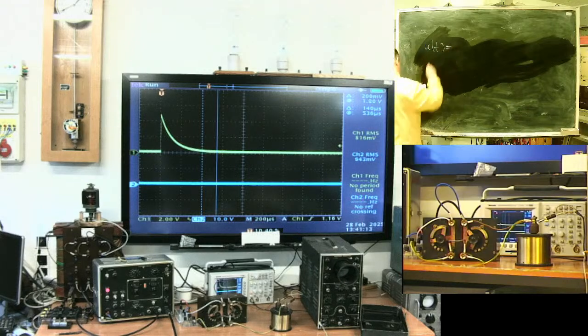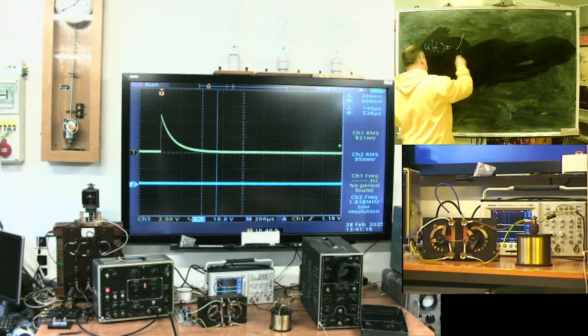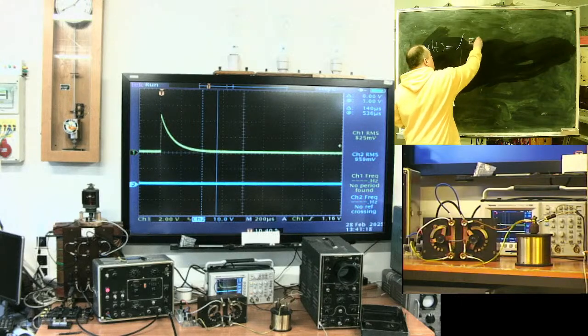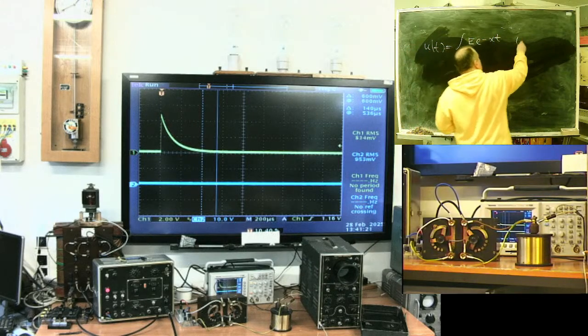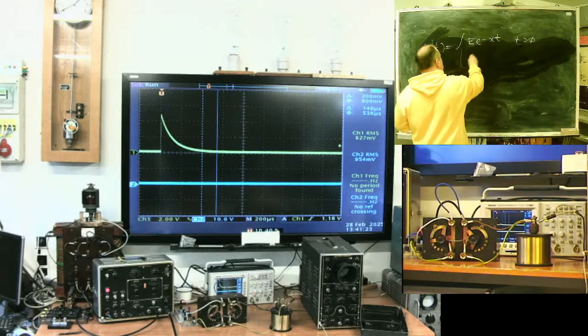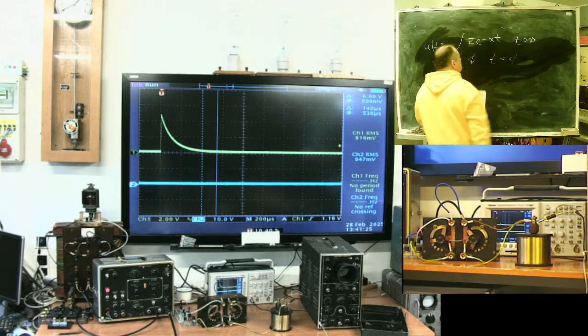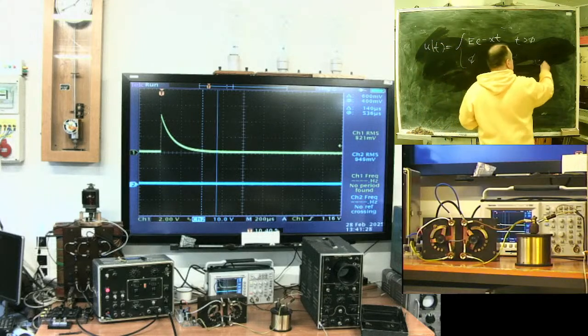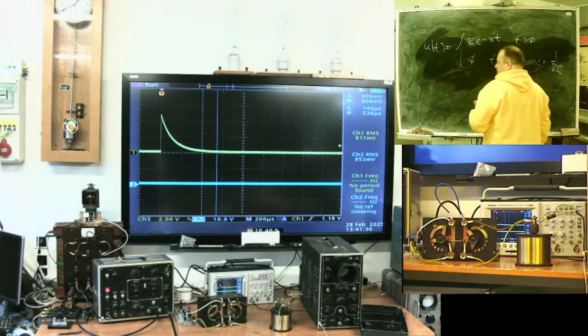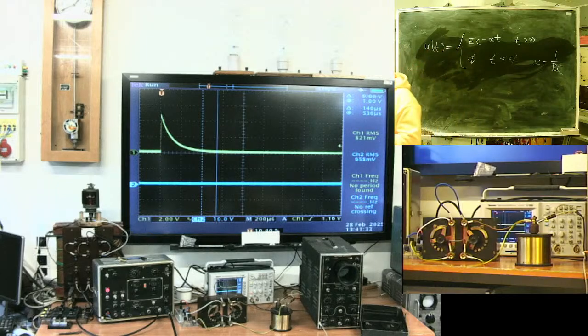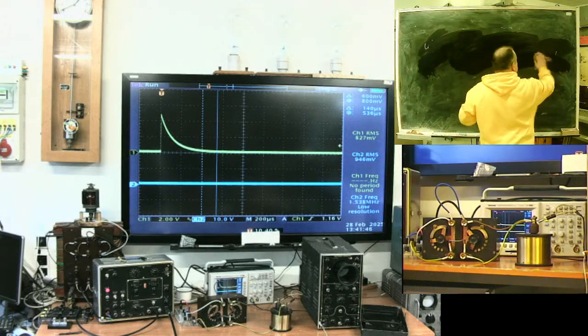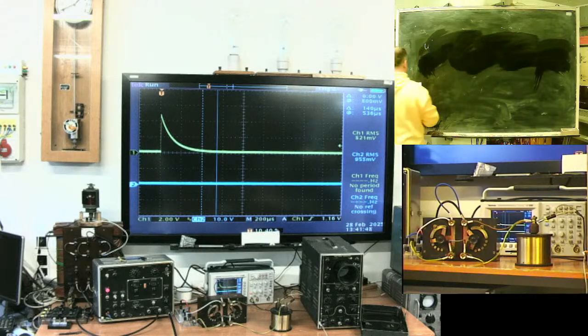This pulse is E e to the power minus alpha t when time is greater than 0, and 0 when time is less than 0. Here, the alpha time constant is 1 over RC. I need the Fourier transform, the spectral function.